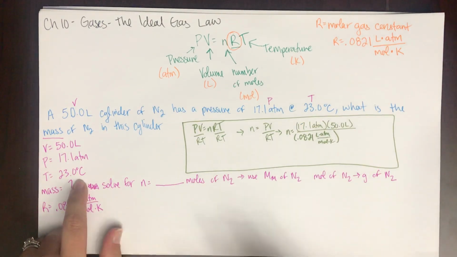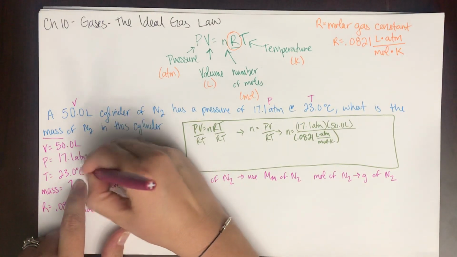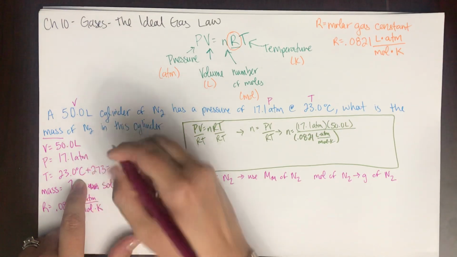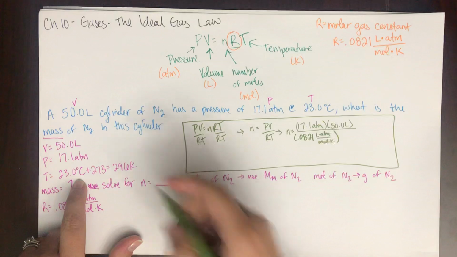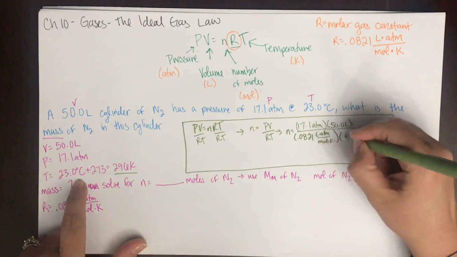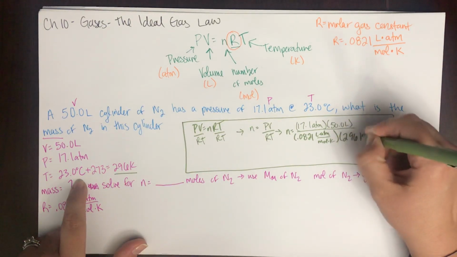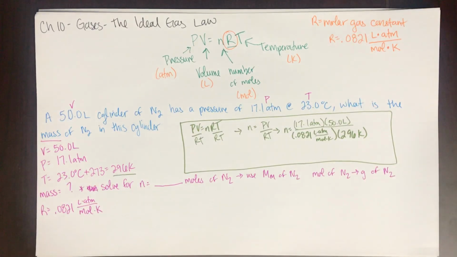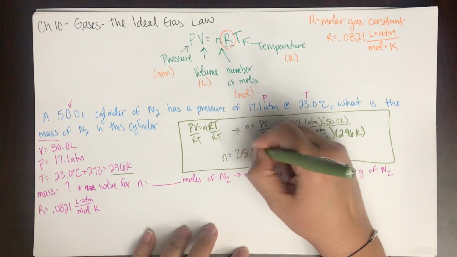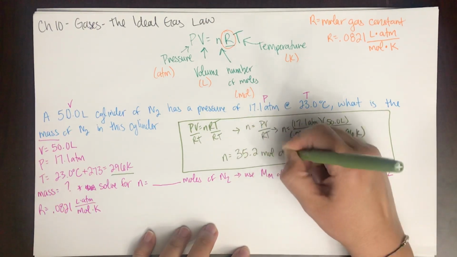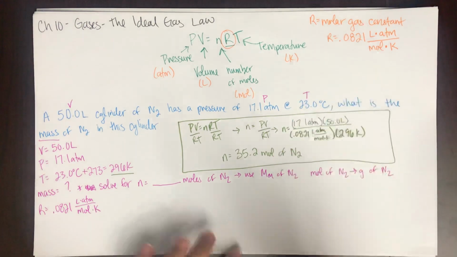Remember, we need to convert it to Kelvin. So I'm going to add 273, and I'm going to get 296 K. That's what goes in my equation, 296 Kelvin. So when you do this, you're going to get a number of moles. n equals about 35.2 moles of nitrogen.